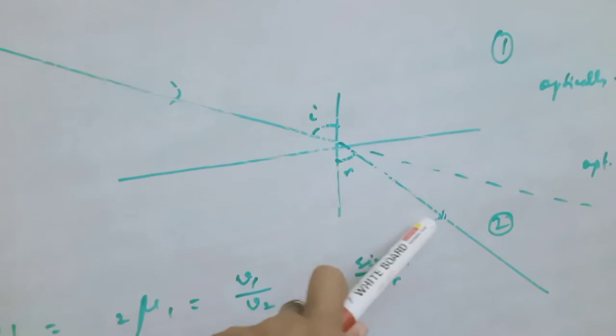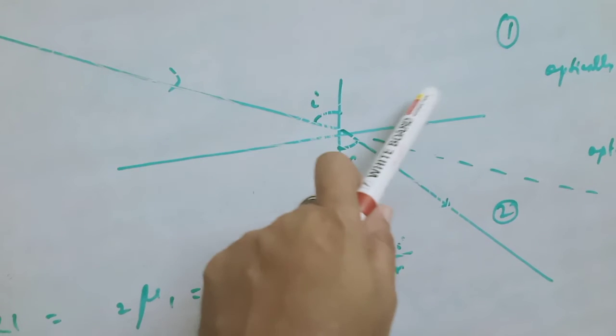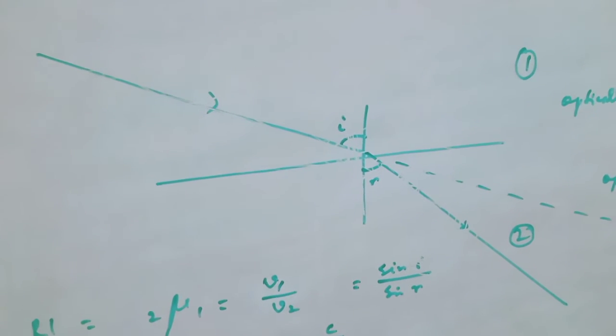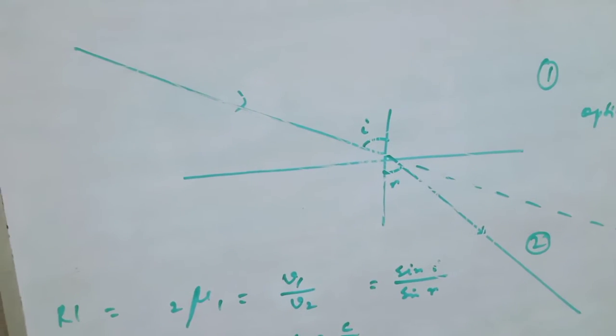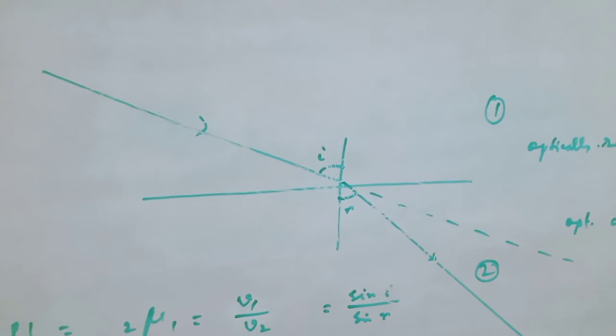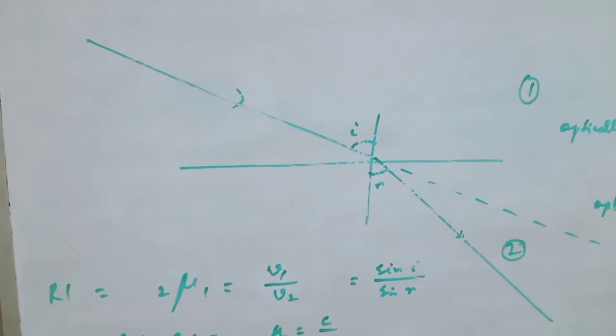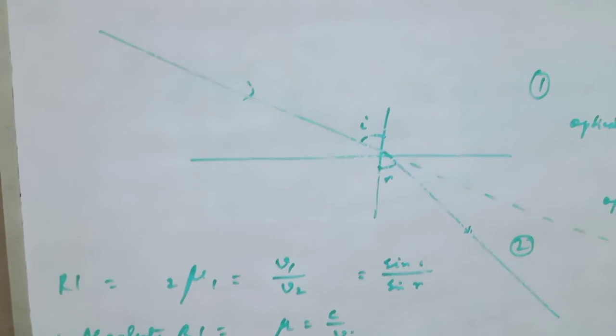But if the speed increases, this medium is said to be optically rarer as compared to the first medium. Since the speed of light is maximum in vacuum or air, air is the rarest of the rare media. That means whenever a light ray travels from air to any other medium, its speed will decrease.